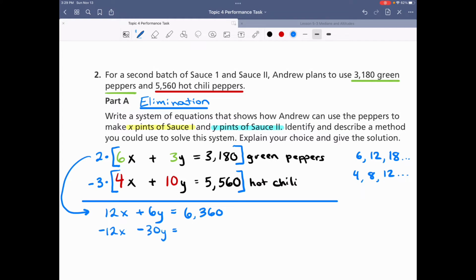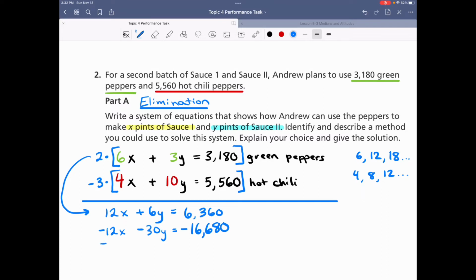And -3 times 5,560, I'm going to need a calculator for that. Okay, so when I multiply -3 times 5,560, I get -16,680.